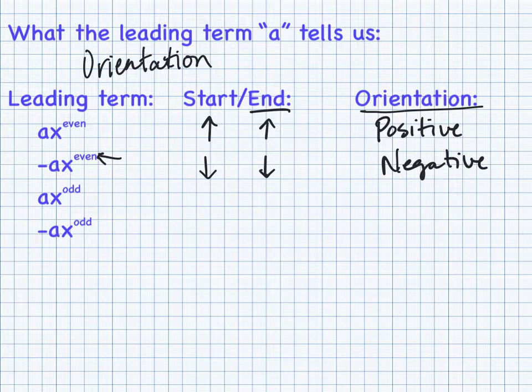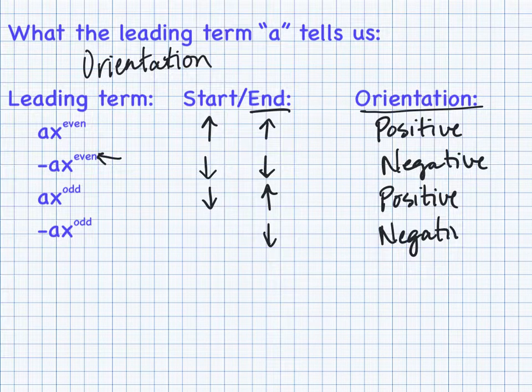This is better with examples. So refer back to that 3-1. If my degree is odd, I have different arrows, but if A is positive, my end direction is still up, my orientation is positive. It's just now my start direction is pointing down. And then that flips if I still have an odd degree. If A is negative, end direction is down, start direction is pointing up.